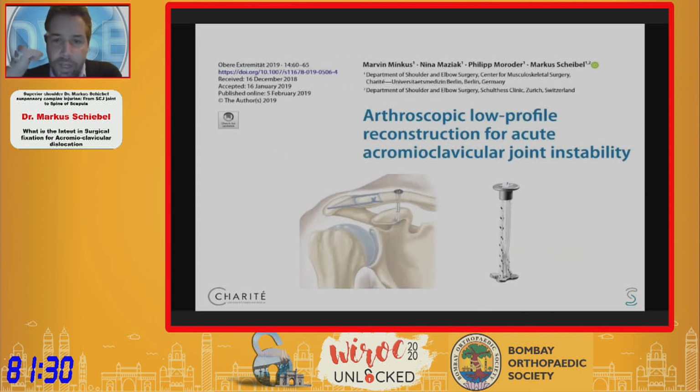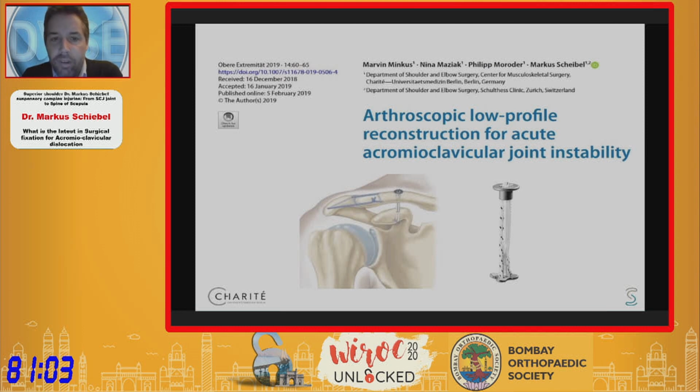So in 2019, we changed our technique in order to avoid these complications. We are now using a low profile tightrope repair, plus an additional AC cerclage. The reason why we use this low profile is because a single tightrope device like this has almost the same primary fixation strength. It's just a single drill hole through the clavicle and the coracoid.